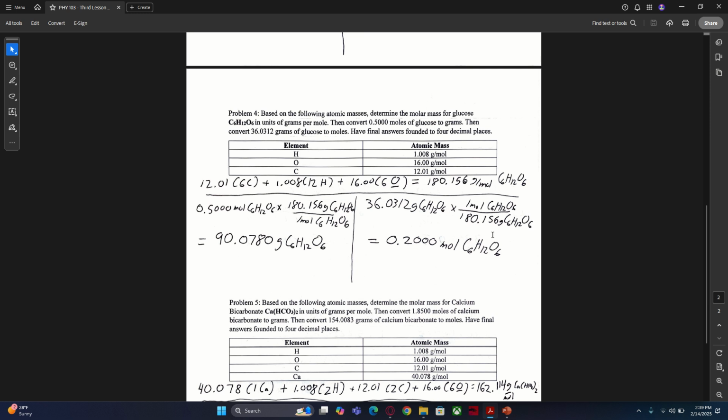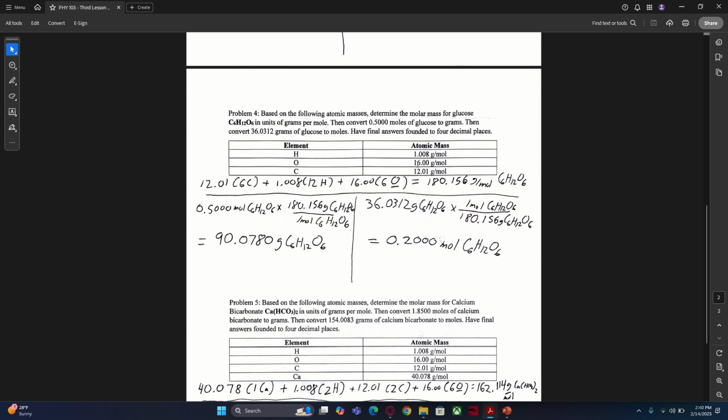Problem set 4 is just slightly a bigger problem, a slightly bigger formula. Let's say we're working with the molecule glucose, which consists of 6 carbons, 12 hydrogens, and 6 oxygens. Well, for each carbon, the atomic mass is roughly 12.01.